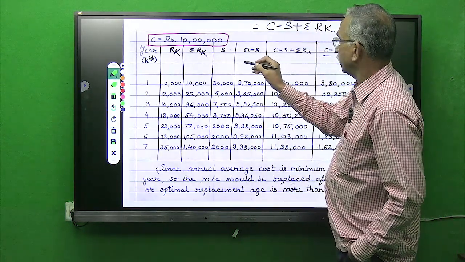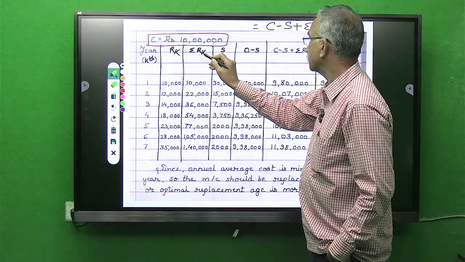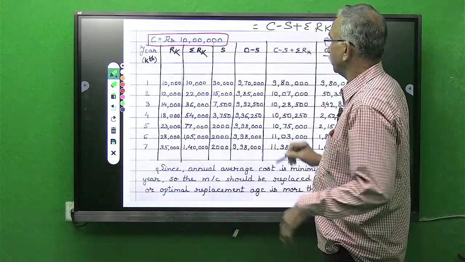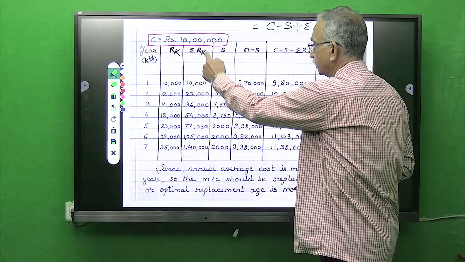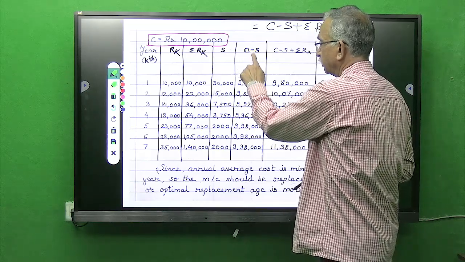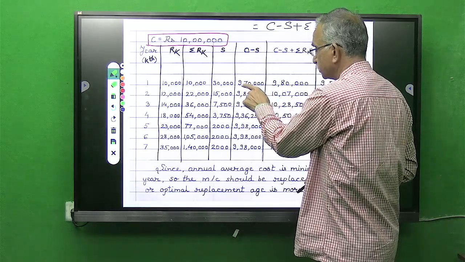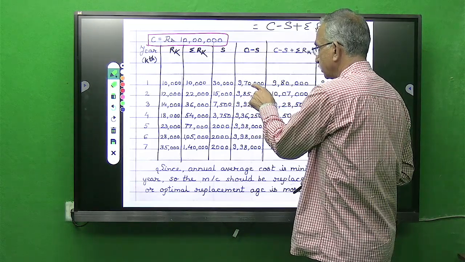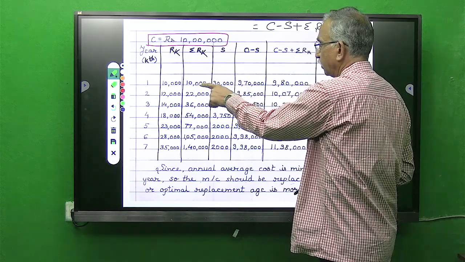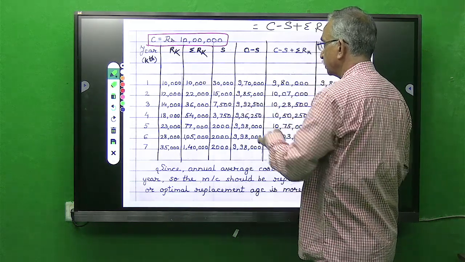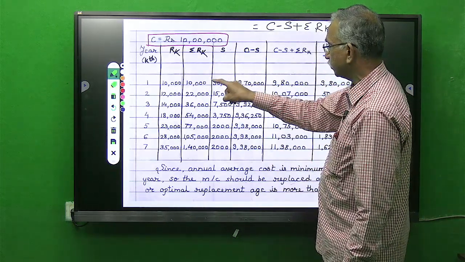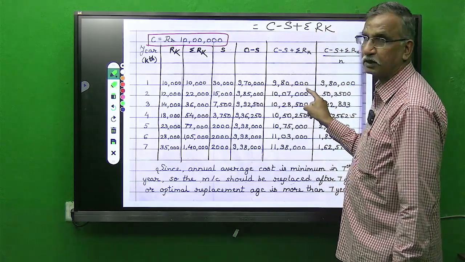Then already you have calculated summation RK. So what you have to do? In this value add summation RK value. In this value now you can see C minus S. C minus S is 9,70,000. RK value for first is 10,000. So 9,70,000 plus 10,000 is 9,80,000.